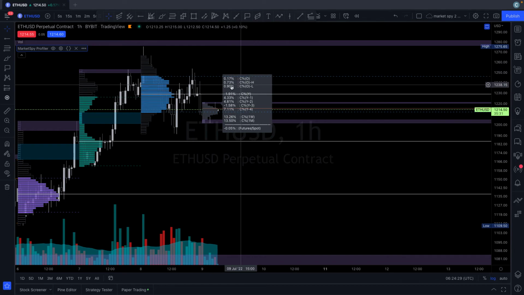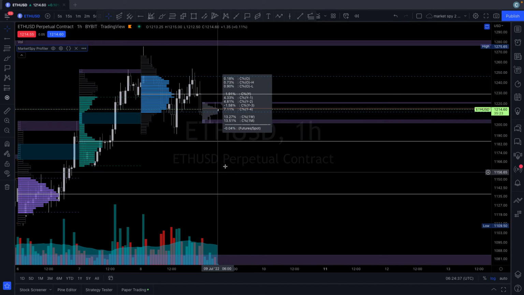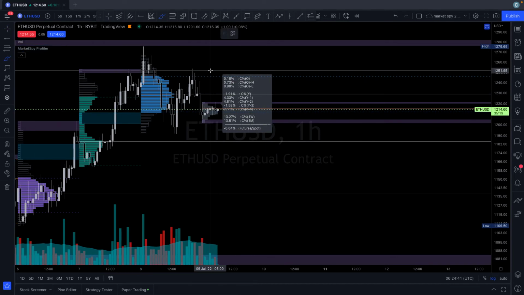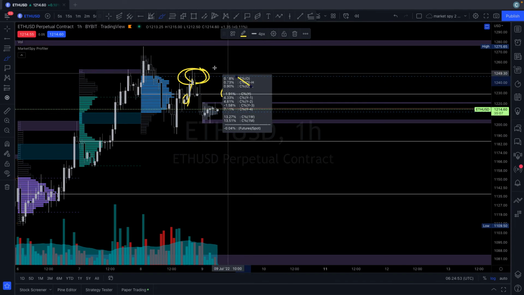If it's barely been moving and then all of a sudden you're seeing these numbers start to pick up, and let's say we just got rejected from a point of control or a value area high, say we're back at this point in the chart, we see volume pick up, but then over here it just dies, right? We get here, volume dies.